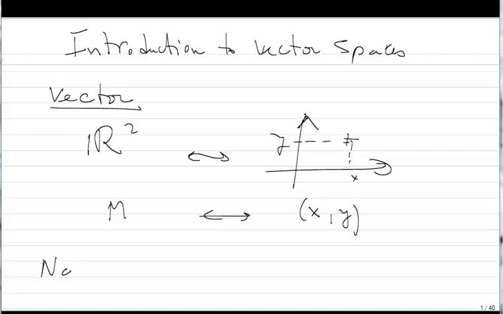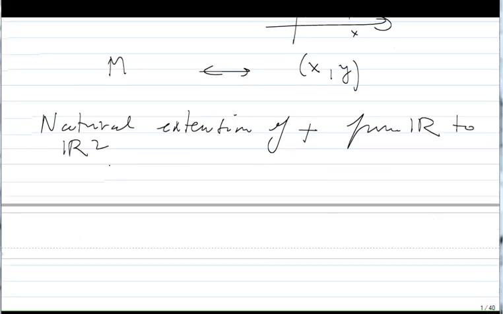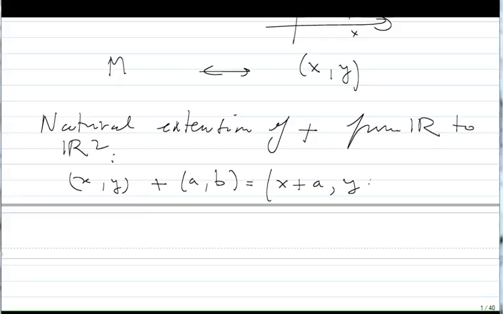So a natural extension of the addition from R to R2. This was given by: you can take (x, y) plus (a, b) equal to (x plus a, y plus b).